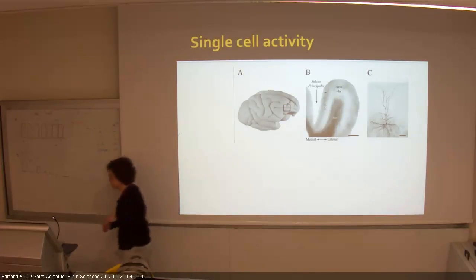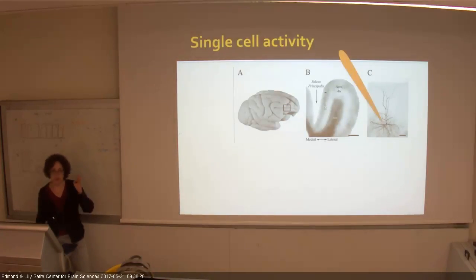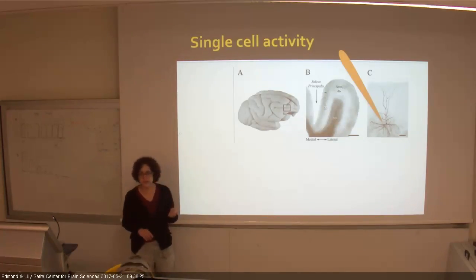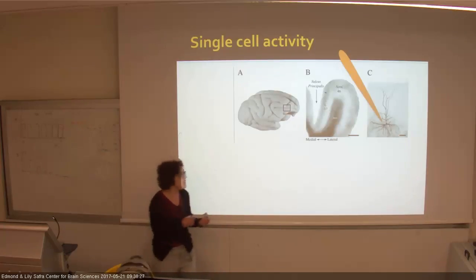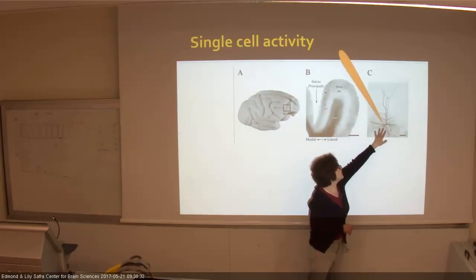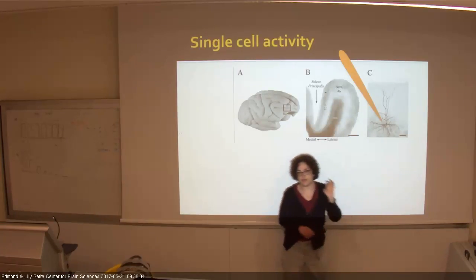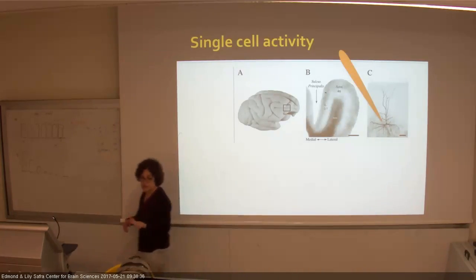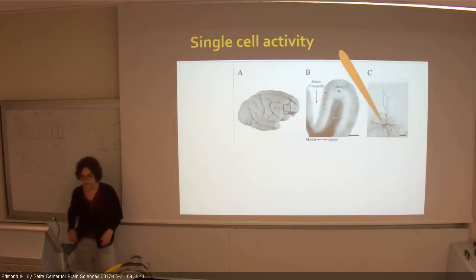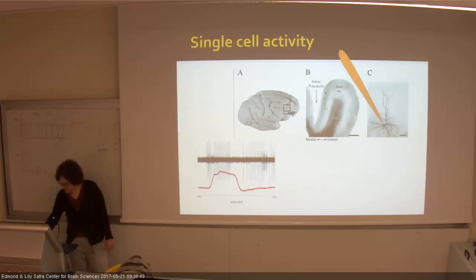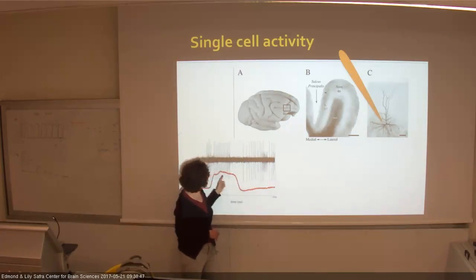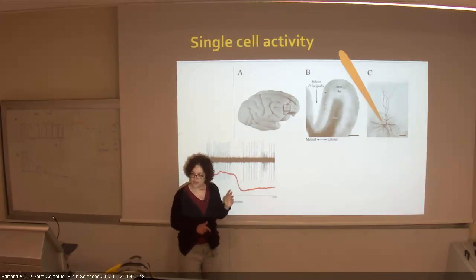We use extracellular recording in most cases. Now you can do also intracellular recording or different types of imaging. But the most common work is recording extracellularly from the activity of single cells, mostly pyramidal cells, just by numbers, because most of the cells of the cortex will be pyramidal cells. And you get activity, you get action potentials. Okay? I have to say that I think this is an example from spinal recording.